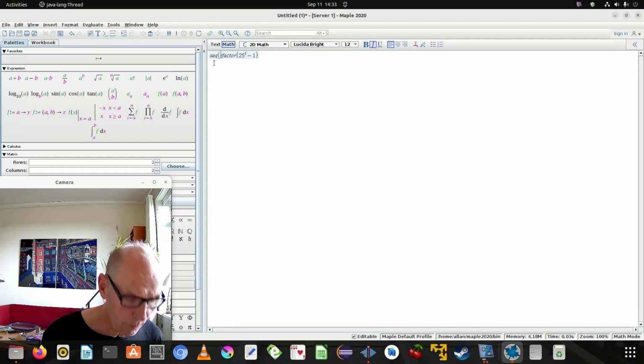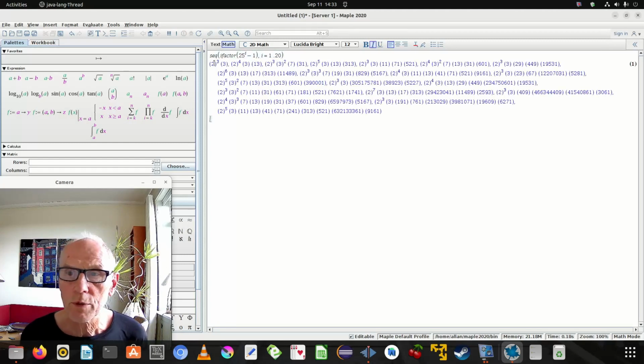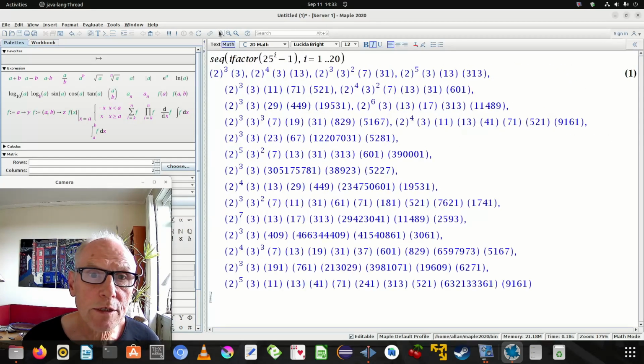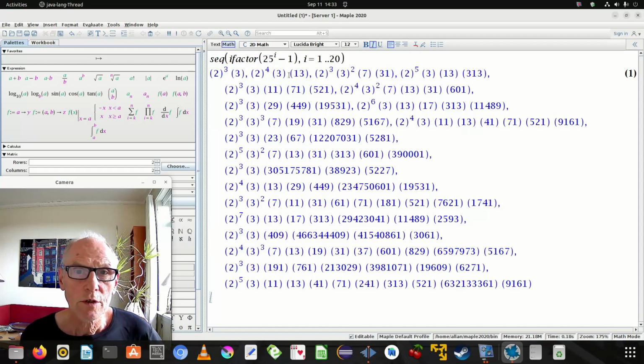And we wanted them for I equals unity to say, well, let's see if we can do 20. We could. And I'll just make it a little larger for you to be able to see it.